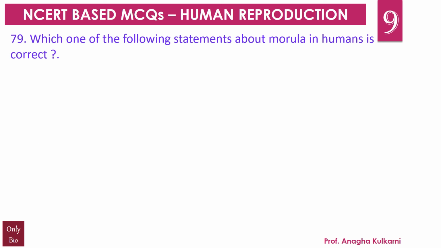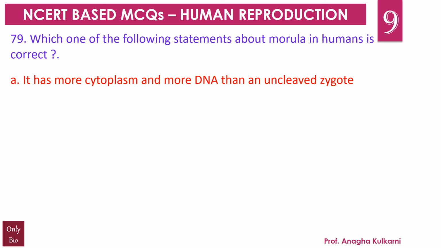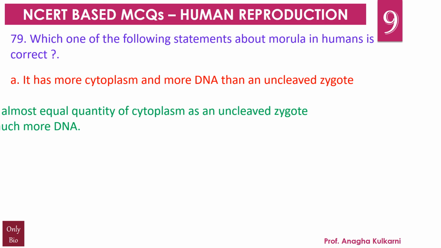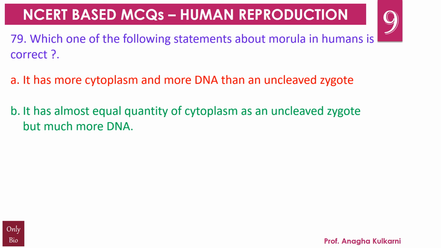Question number 79. Which one of the following statements about morula in humans is correct? A. It has more cytoplasm and more DNA than an uncleaved zygote. B. It has almost equal quantity of cytoplasm as an uncleaved zygote but much more DNA.